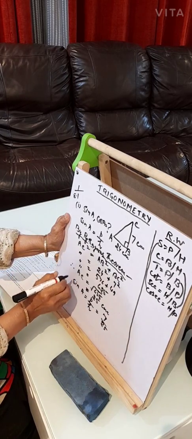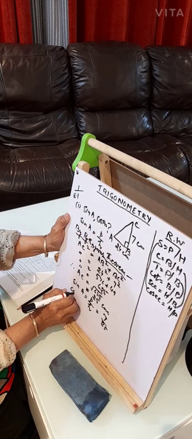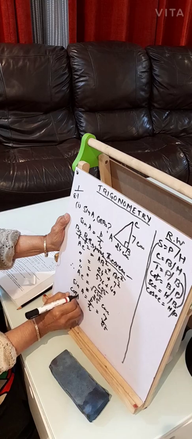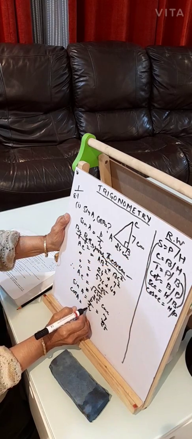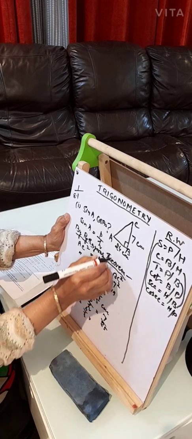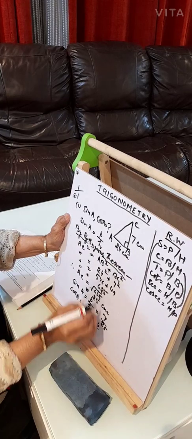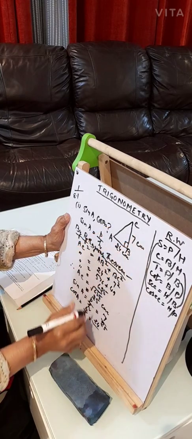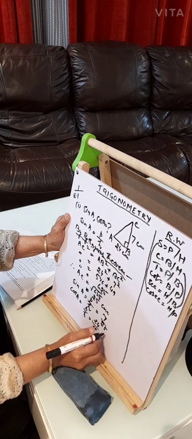Now, number 2, we are to find the second ratio, and that is cos A. Cos is equal to B over H. So, what is the value of B? 24. Base is 24. And how much is the value of hypotenuse? It is 25. So, 24 over 25.